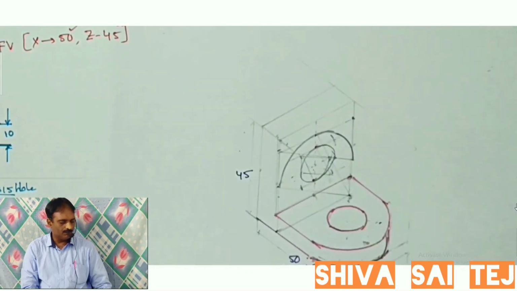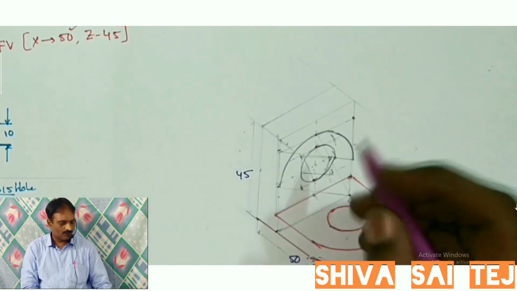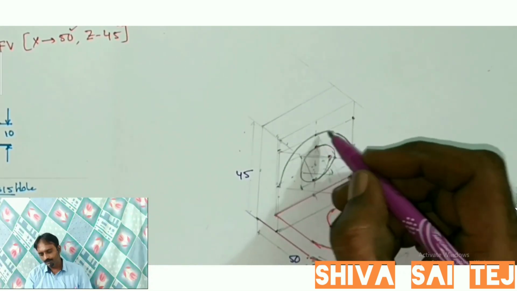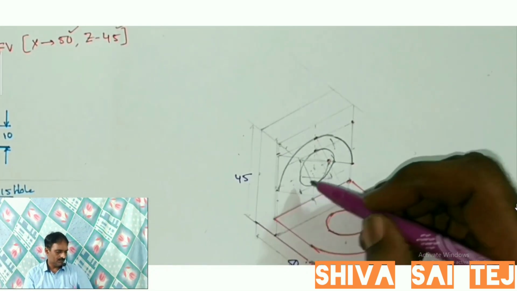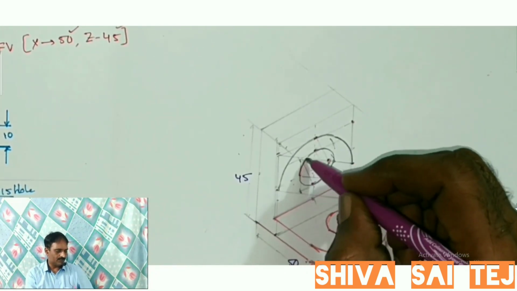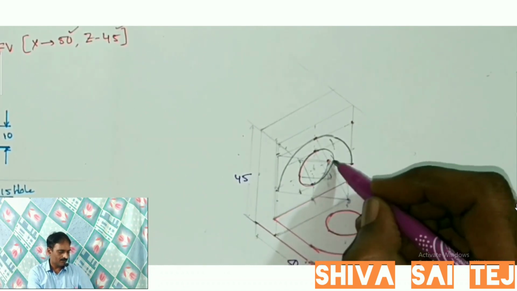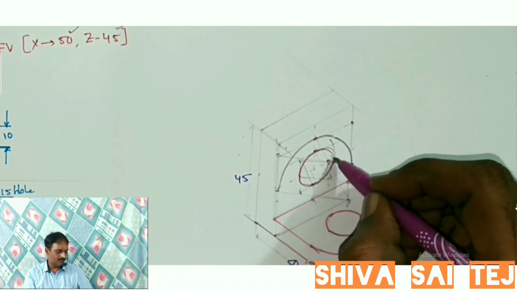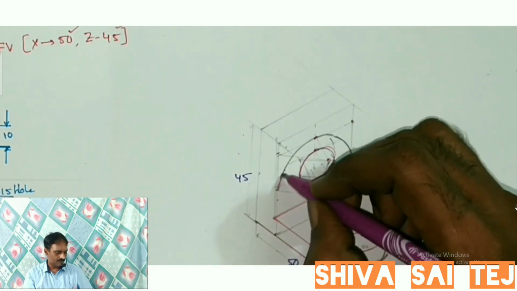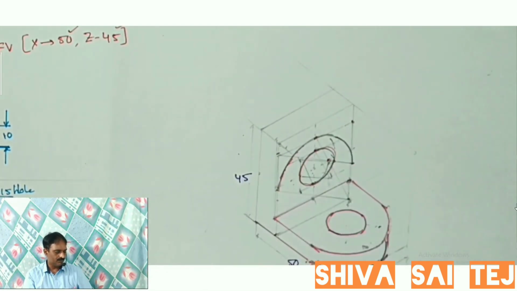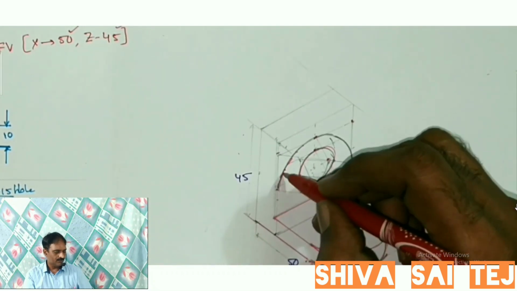So that will be the semicircle. In the same way, we have to construct the semicircle on the bottom layer also of the side view.